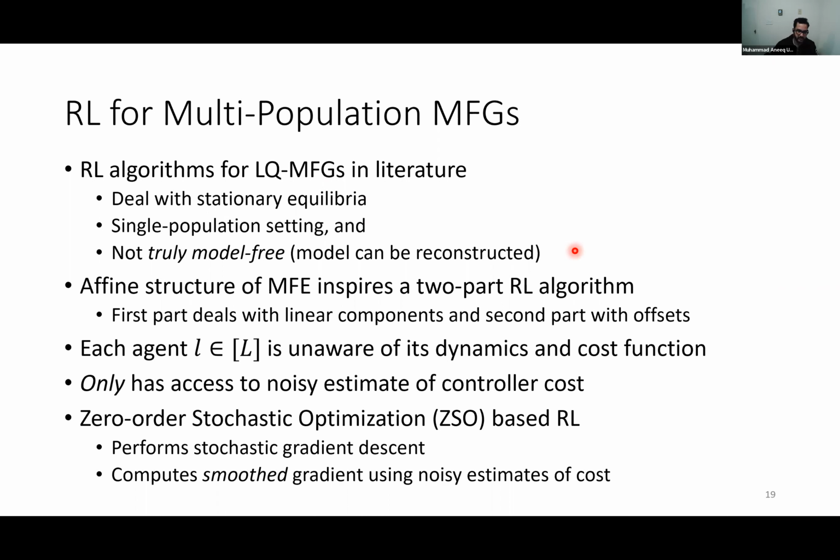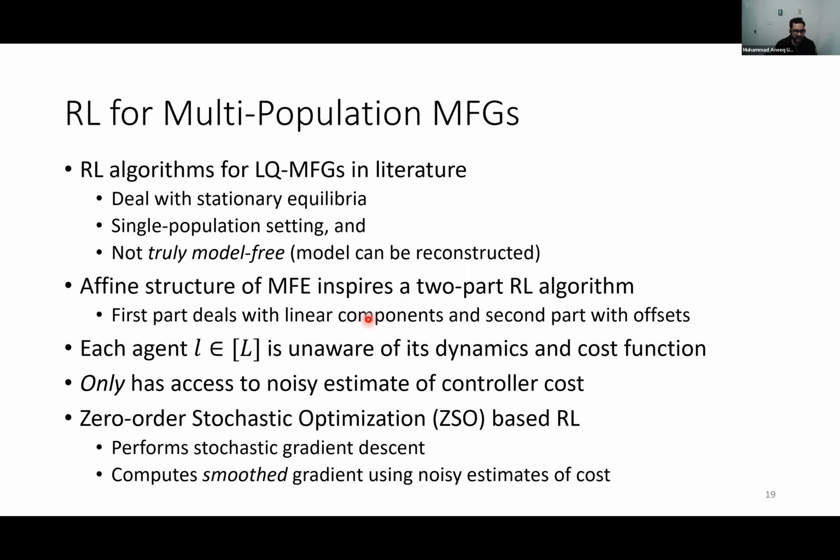Under certain conditions in the literature, there are results which show that model-based RL is better than model-free RL. It's faster. But if you don't have access to that information, you can have a model-free algorithm.